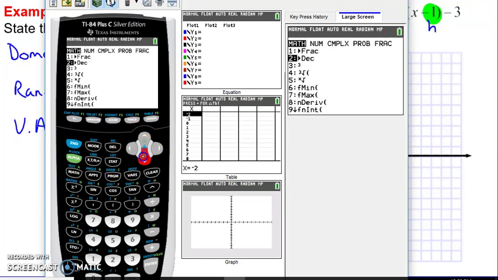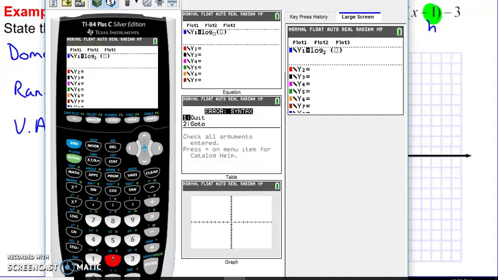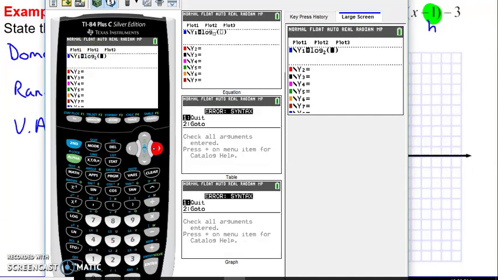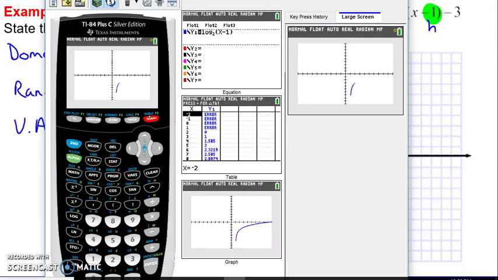You're going to scroll all the way down until you get to the letter A with the little arrow. You see how it says logBASE? Because we have a different base than 10, we have to do logBASE so we can put in our base. So log, our base here is 2. Scroll over so we can get inside of the log, which is going to be our x minus 1. Scroll to the right outside of your parentheses and you're going to put -3, and we're going to graph this.